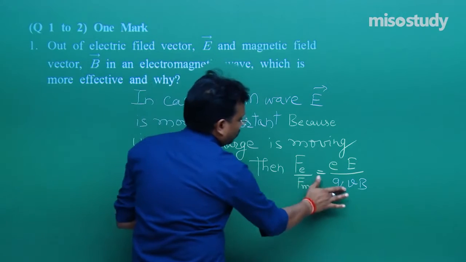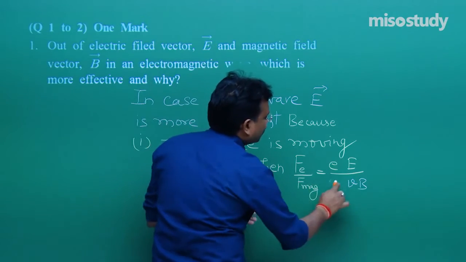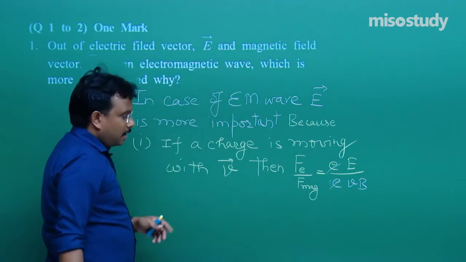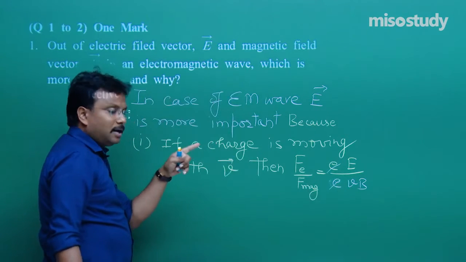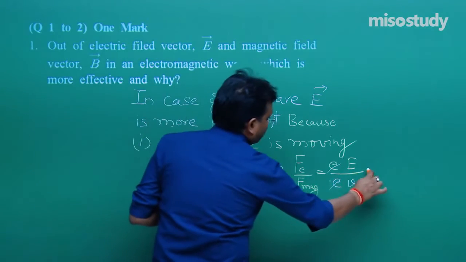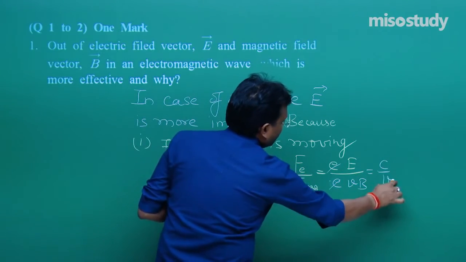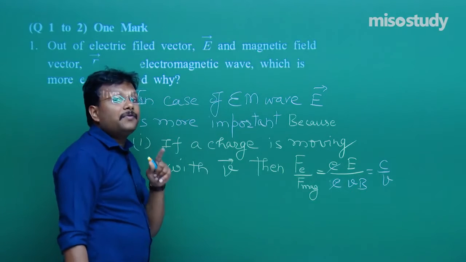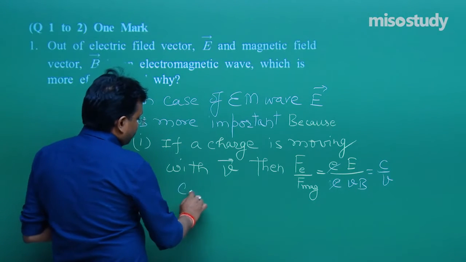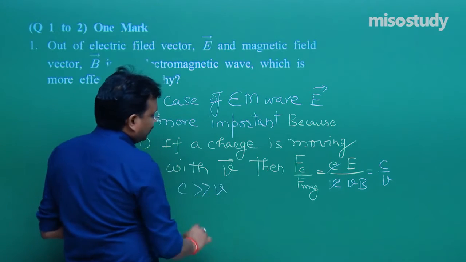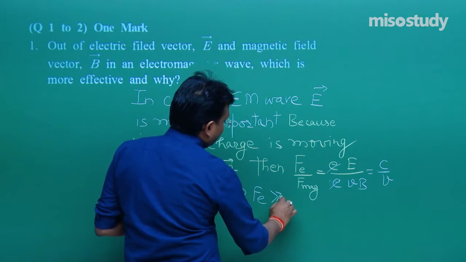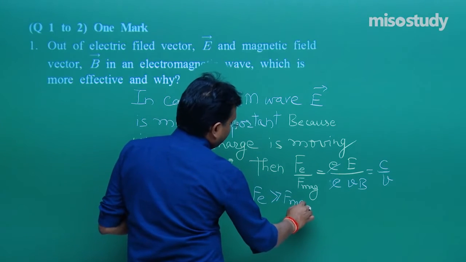The same charge cancels. Now E upon vB is equal to c by v. Now you know c is very large compared to v. So as c is much greater than v, this implies that F_e is much greater than F_magnetic.